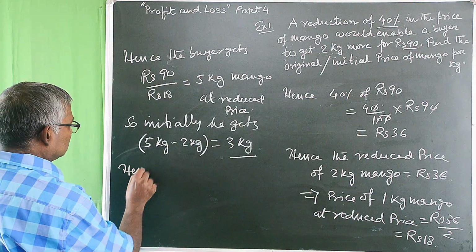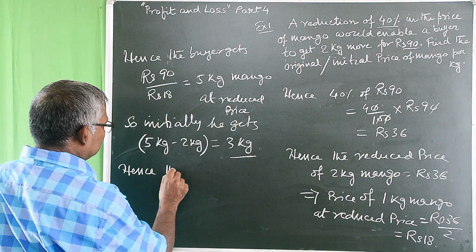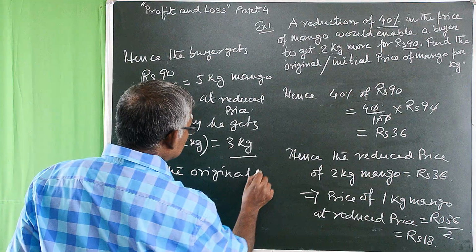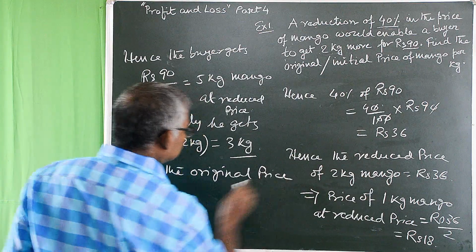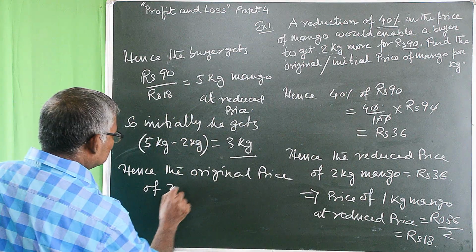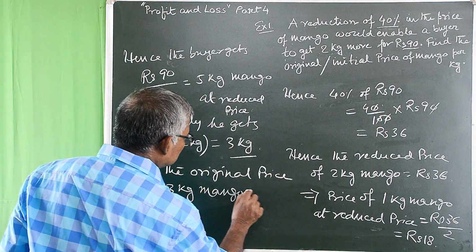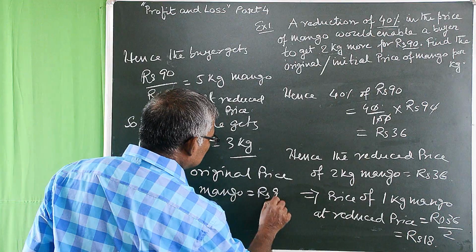Hence, the original price of 3 kilo mango equals ₹90.